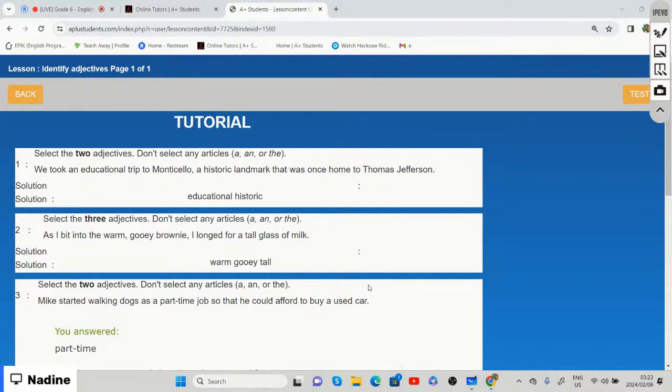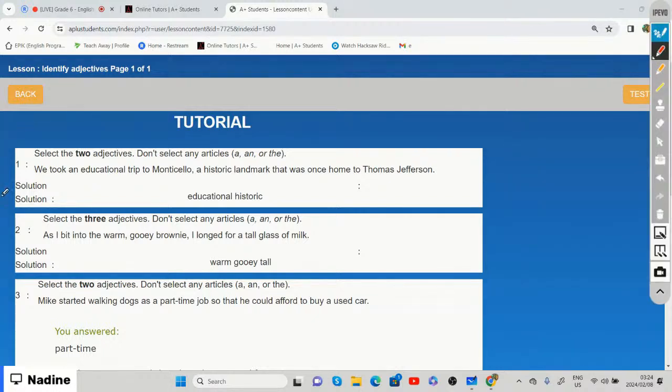So for the previous one, we selected educational and we also selected historical. Now the next one says we need to select three adjectives, right? And don't forget that we should not select articles such as a, an, and the.